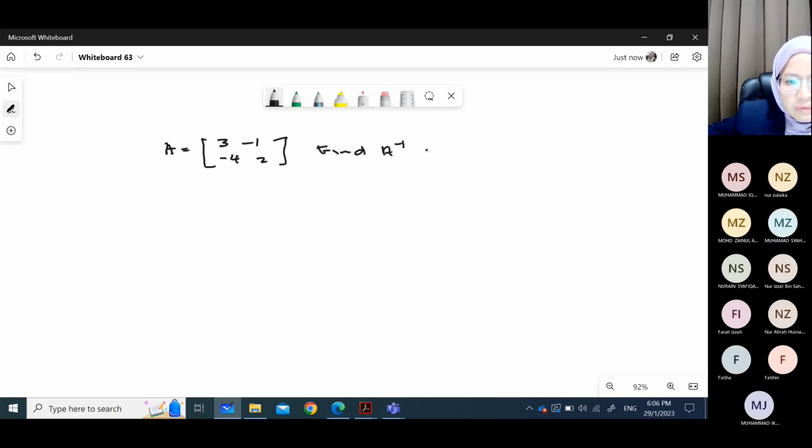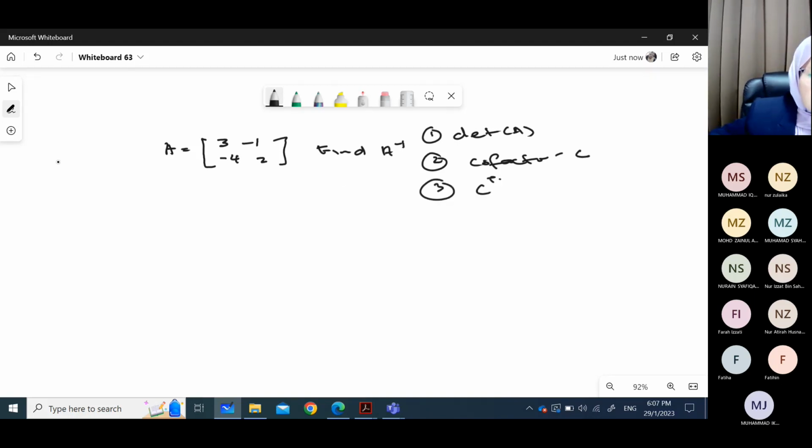So bila nak cari A inverse, first kita kena cari determinant of A. And second, kita kena cari cofactor. Cofactor maksudnya C matrix lah. And third, kita perlu cari C transpose. Okay. So determinant of A, tak ada masalah.